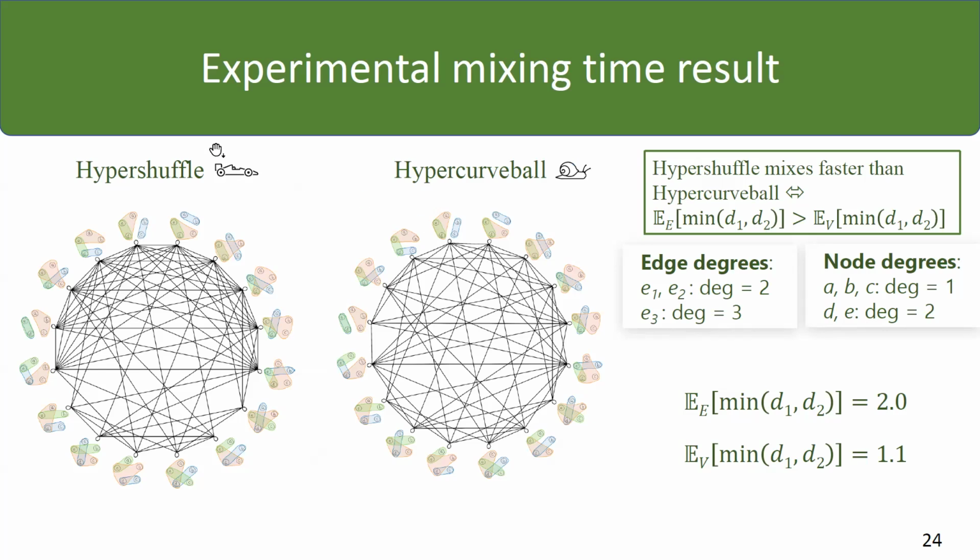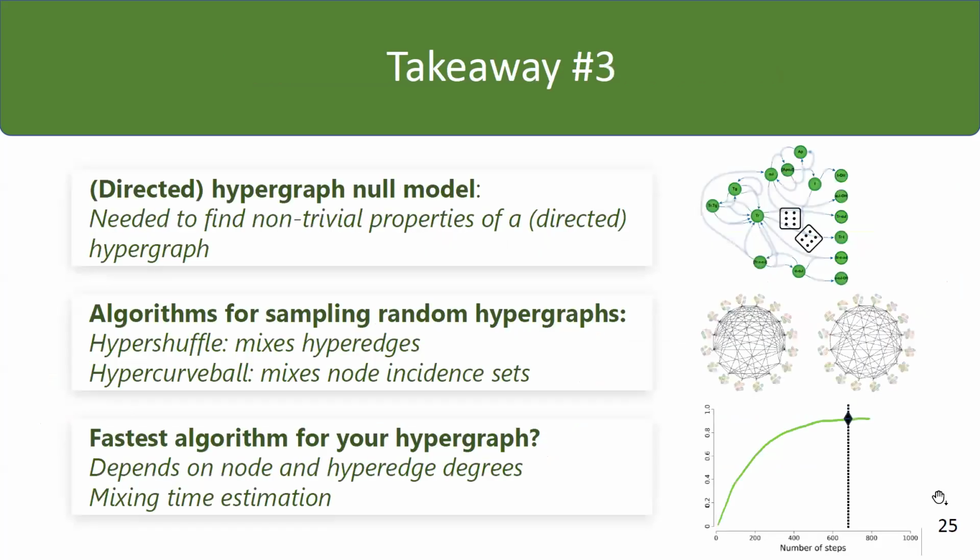So again, we learn that the first system is faster than the second one, which we already knew as well. So here the result also holds. Okay, so this is the third takeaway. We can tell which of the algorithms is going to be faster for your specific case if you give us the node and hyperedge degrees, and we can also give you some estimation of the mixing time.